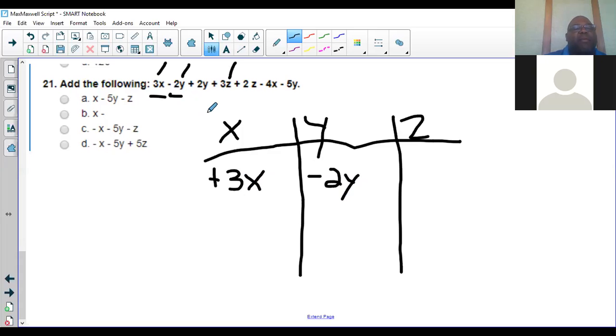And what I'm going to do is stack these terms together. This is called the stacking method. Next term, positive 3z. Next term, positive 2z.